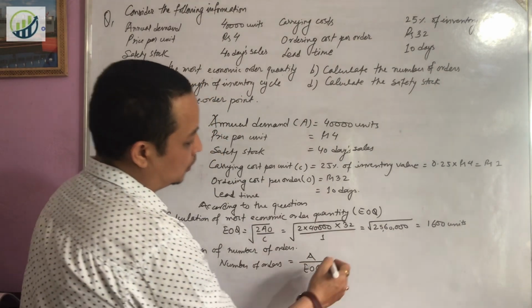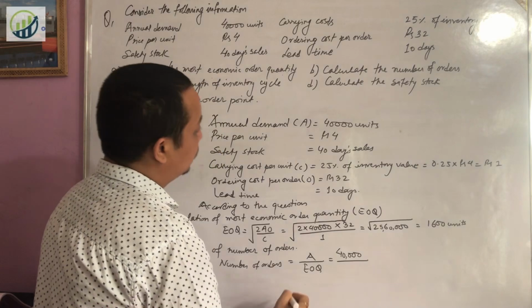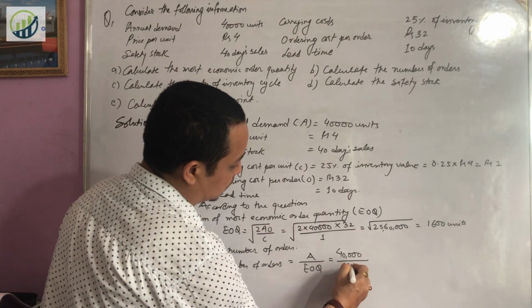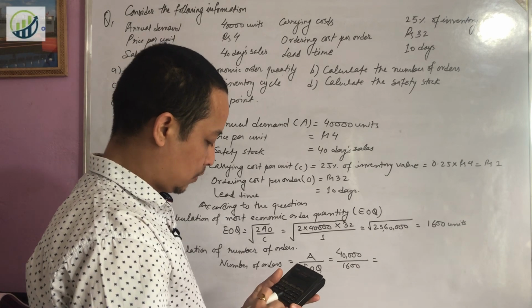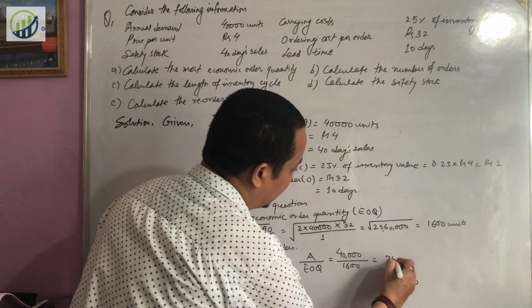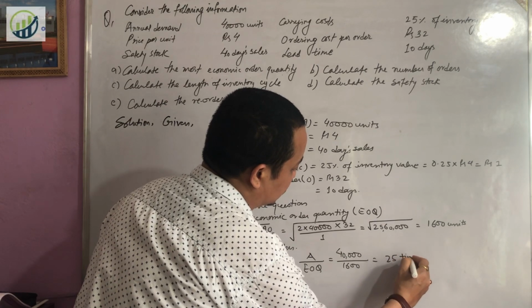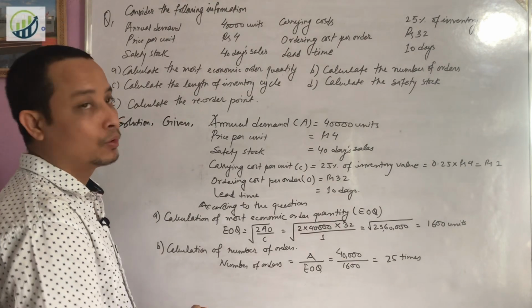So annual demand is your 40,000 units and EOQ is your 1600. So that will be 40,000 divided by 1600, that will be your 25 times. So number of orders is 25 times according to EOQ.